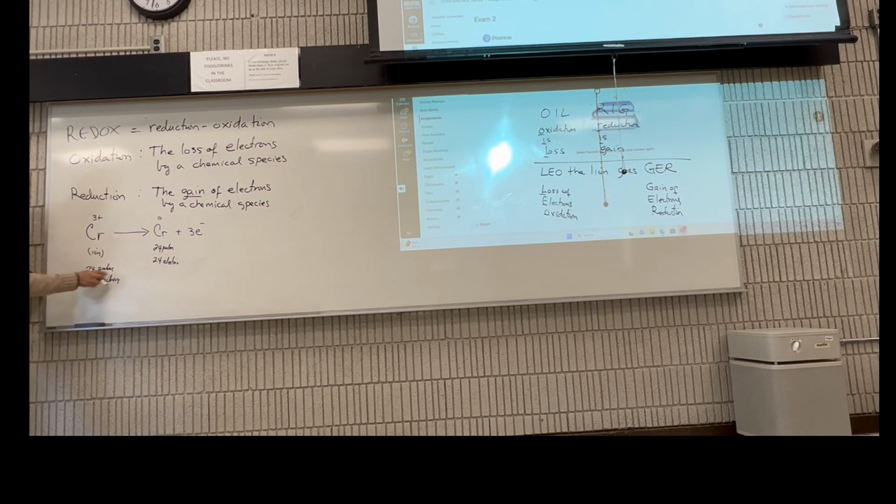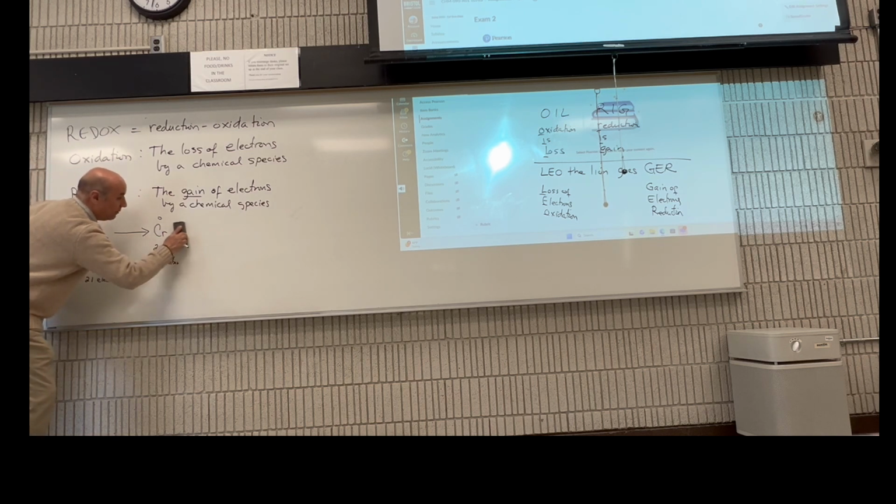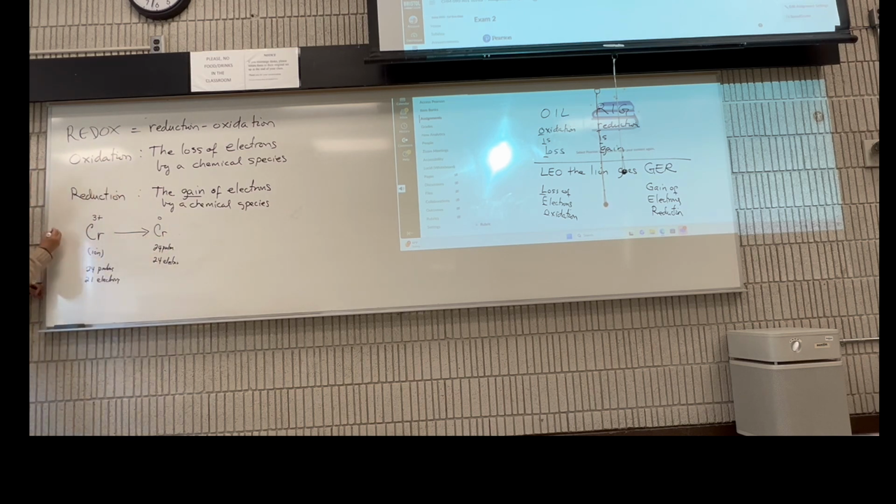So to go from 21 to 24 electrons, this is not the way it has to happen. We had to add electrons. So what's happening essentially here? We're adding electrons to chromium, it is gaining electrons, therefore it is a reduction.